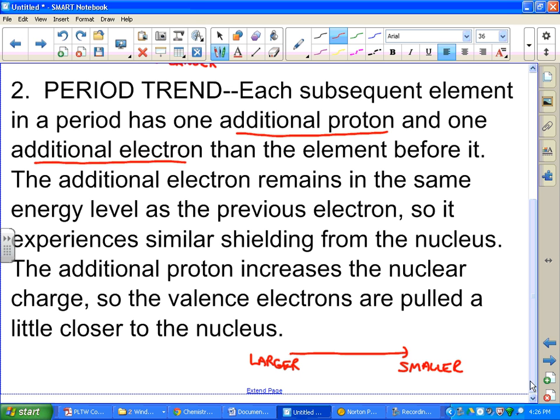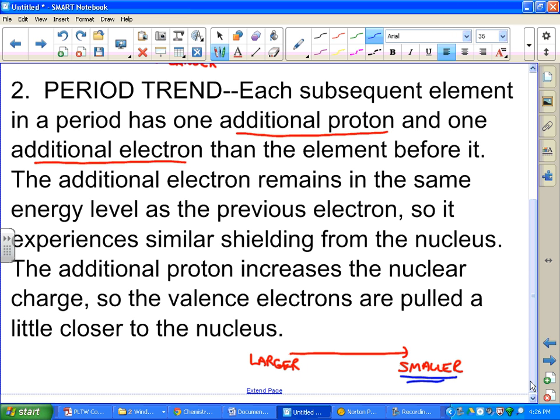It really gives you an insight into the behavior of these elements, and you might recognize that smaller atoms at the right side of the table will tend to be able to attract electrons to the nucleus better because their valence electrons are closer to that center of positive charge that is the nucleus.